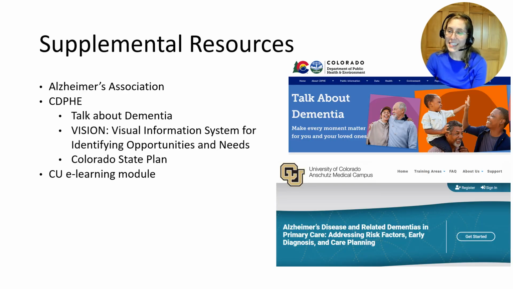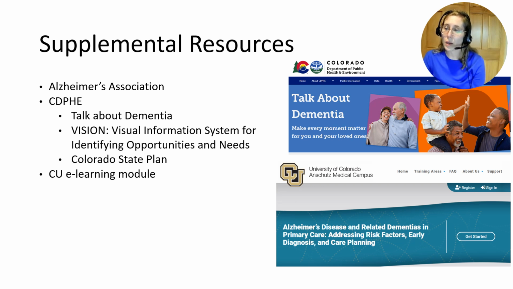I'll just end by saying there are a whole lot of free online supplemental resources to learn more about anything I talked about today, including, as I've alluded to, the Alzheimer's Association, which has a ton of information online. They also provide a lot of information about those risk factors and risk reduction strategies that I briefly alluded to, and other information such as early detection and diagnosis and even caregiver support.